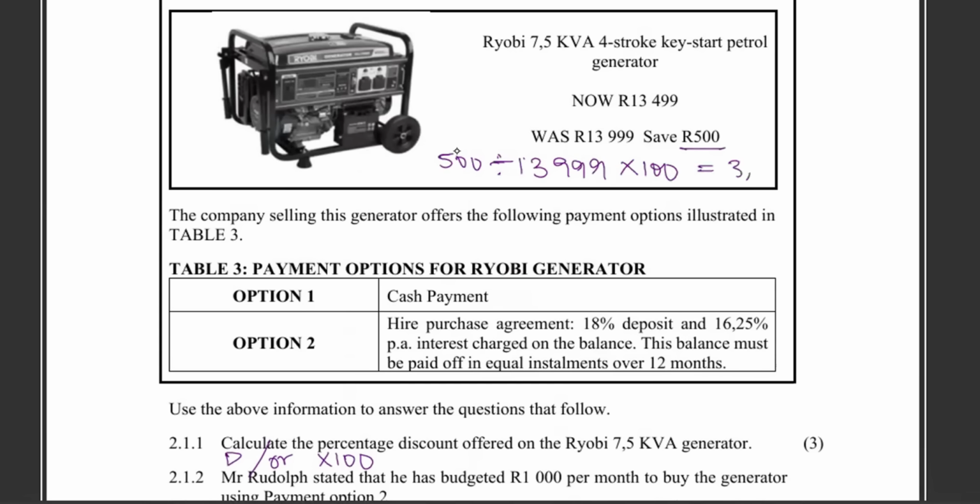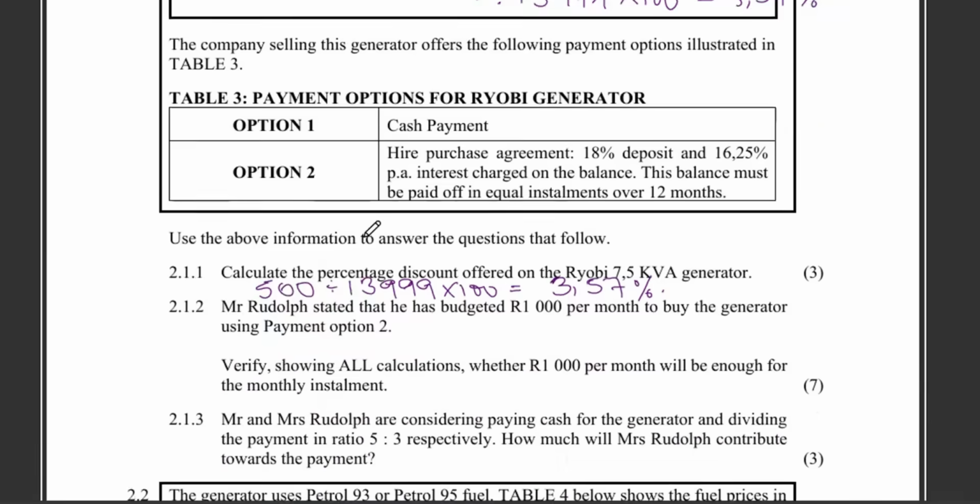This gave us 3.57%. So the discount is 3.57%. We are looking for the percentage discount. Don't forget that percentage sign.